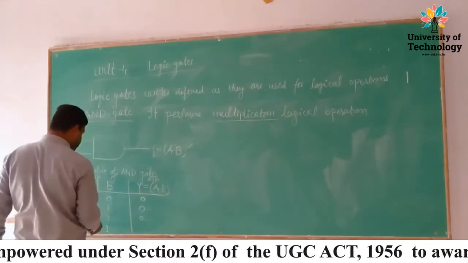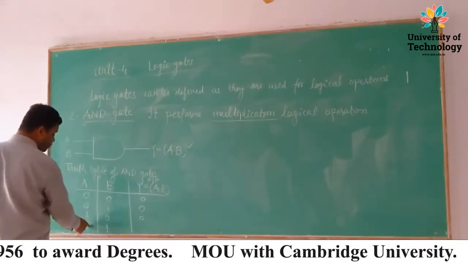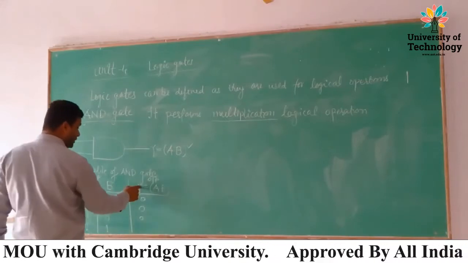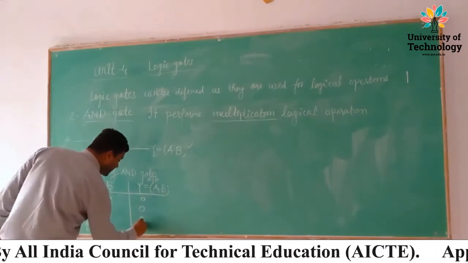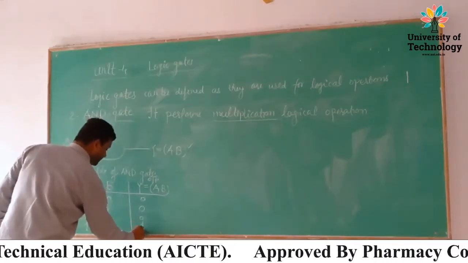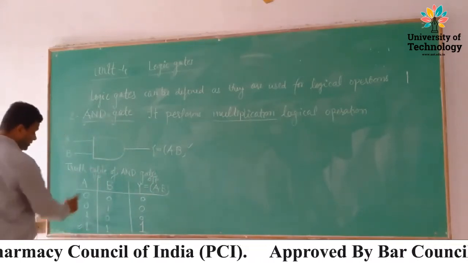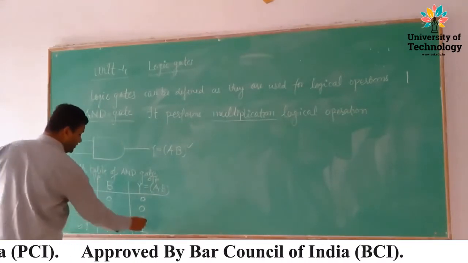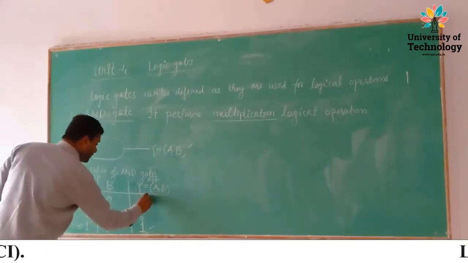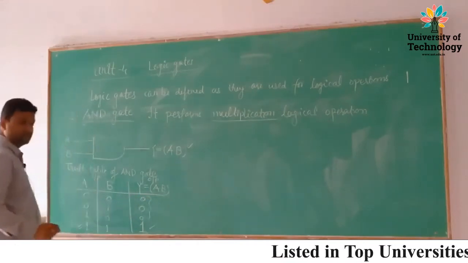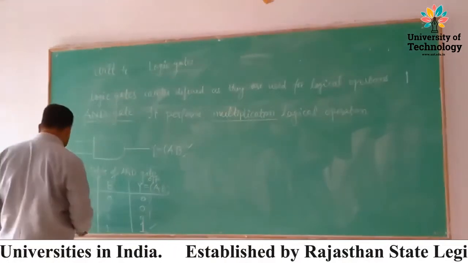Next case, when both the inputs are high, A equal to 1, B equal to 1, then output Y equal to 1 into 1, 1 means high. Only when A and B are 1, 1, then high value is obtained. Remaining 3 values will give low. Low means 0. 1 means high.